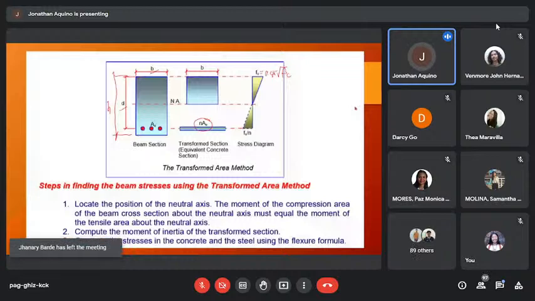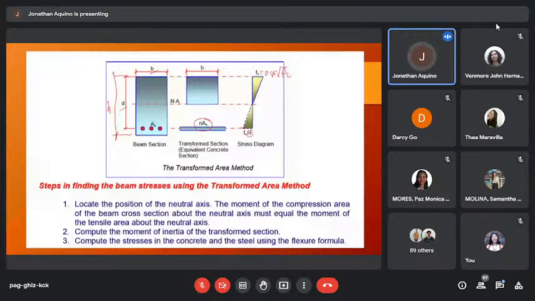So pag kinonvert din natin yung equivalent stress ng steel into concrete. Dito, kinonvert natin yung equivalent steel area into concrete, but in this case, kinonvert naman natin yung equivalent stress ng steel into concrete. Kaya meron siyang divisor na sa modular ratio.